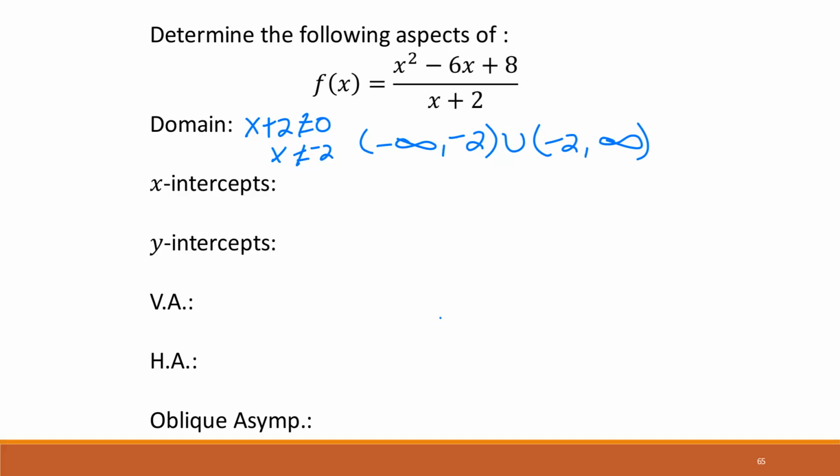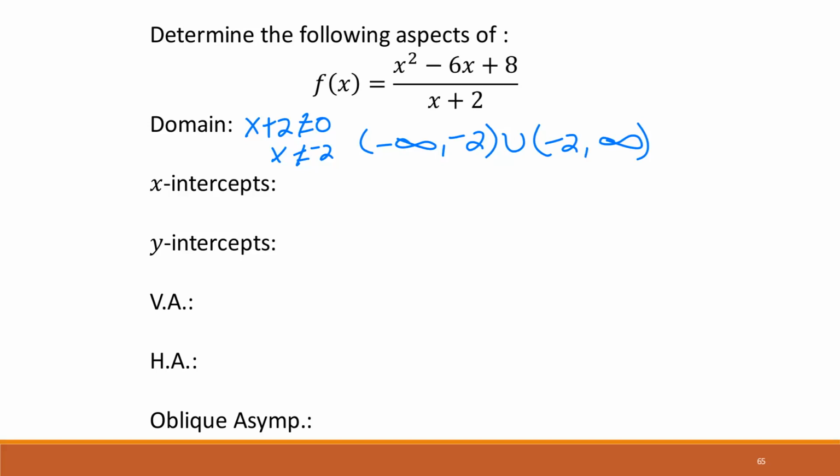Then for the x-intercepts, we have to take the numerator. Here we did the denominator for the first step. The next step, we have to factor the numerator.